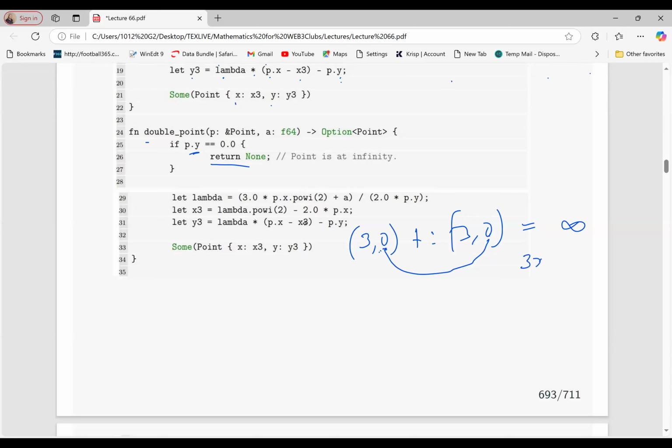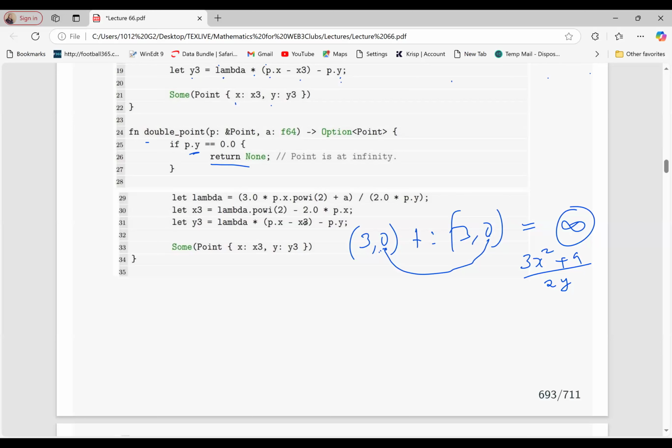Our formula was 3x squared plus a out of 2y. And y is 0 now. So we're already getting a point at infinity. Our gradient does not exist.